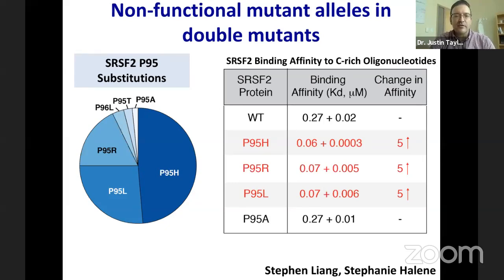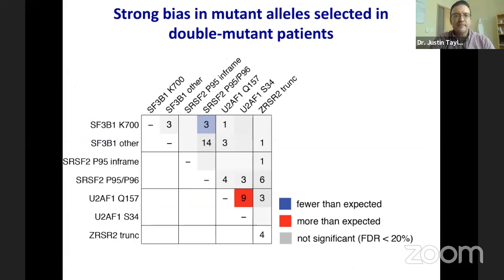So in that particular patient, that might be the reason that they were able to have two splicing factor mutations, is that one of them, the SRSF2 P95A, did not actually affect splicing in terms of binding of SRSF2 protein.